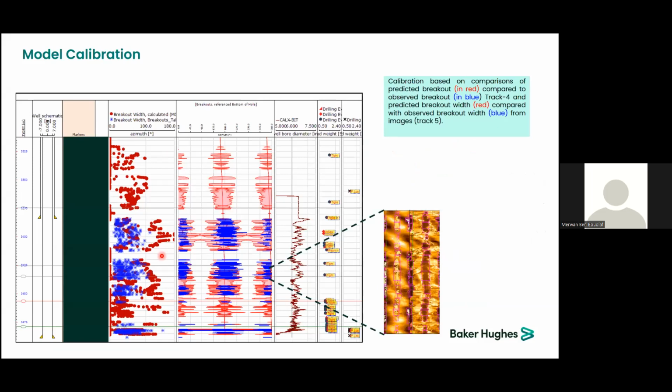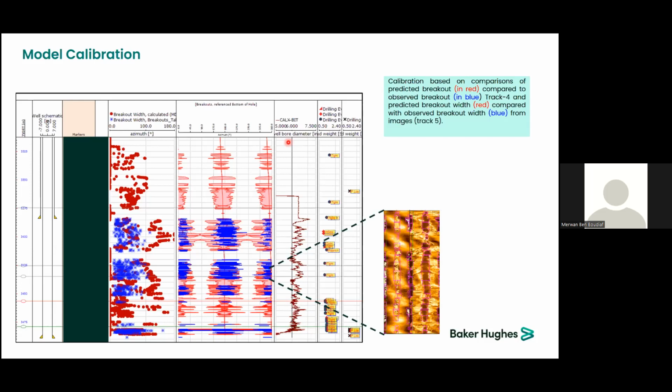You can see that we have coverage only for this lower part, and we are identifying breakouts at the same depths as modeled by the model, with some uncertainties, as you can see here, that are mainly caused by the model uncertainty.